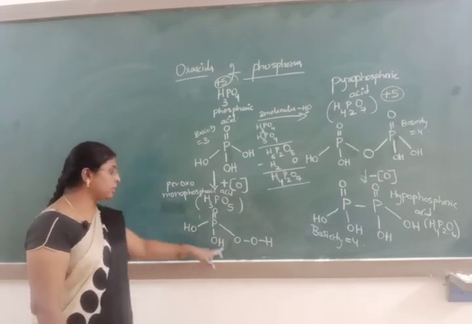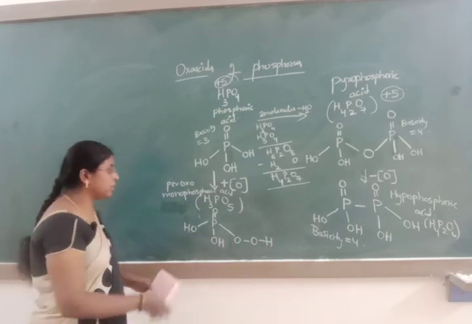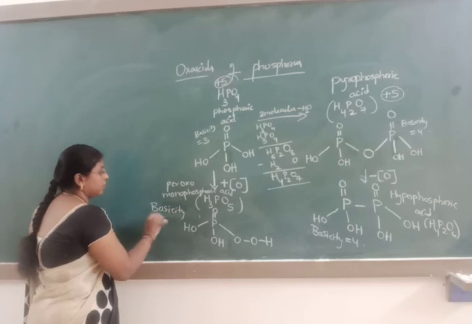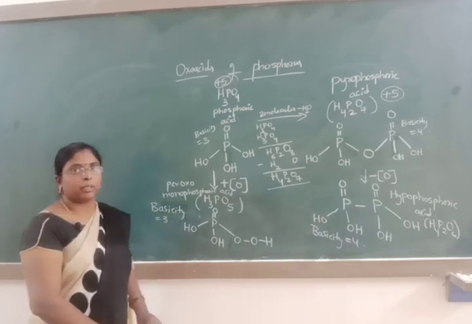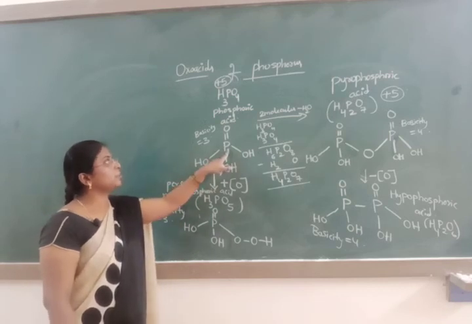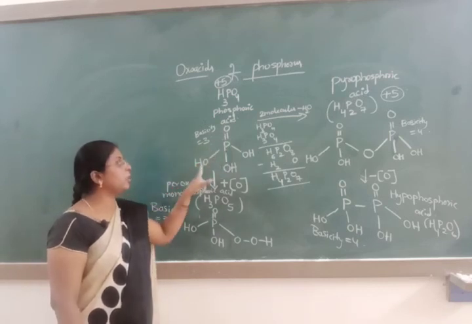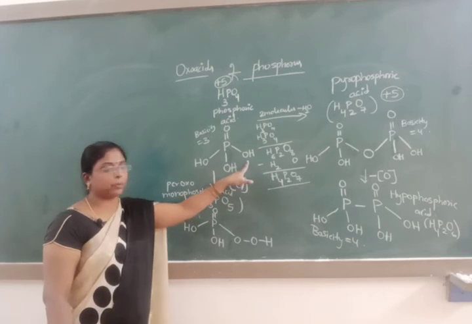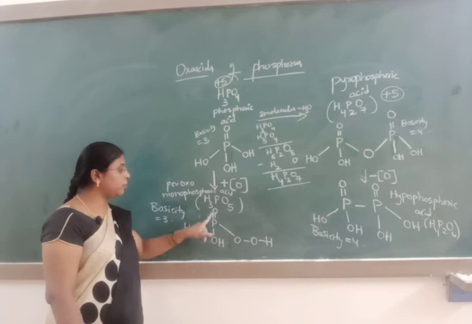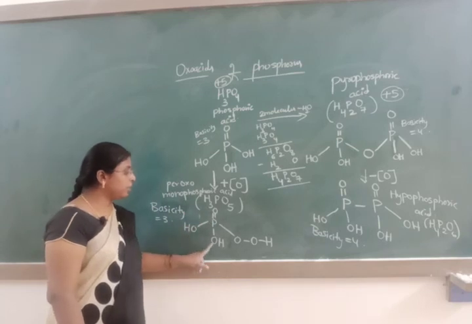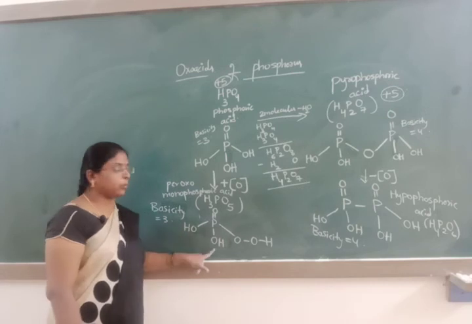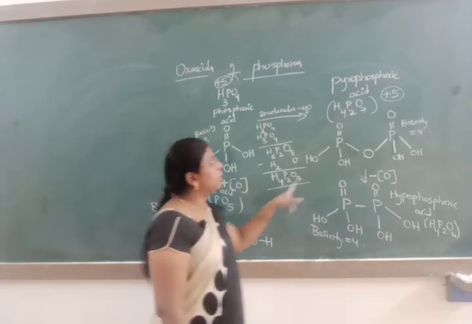This is the structure of peroxo monophosphoric acid. Here we can replace the 3 hydrogen atoms, hence its basicity is equal to 3. Looking at the characteristic bonds, phosphoric acid has 1 PO bond and 3 POH bonds. Peroxo monophosphoric acid has 1 PO bond, 1 POOH bond and 2 POH bonds.